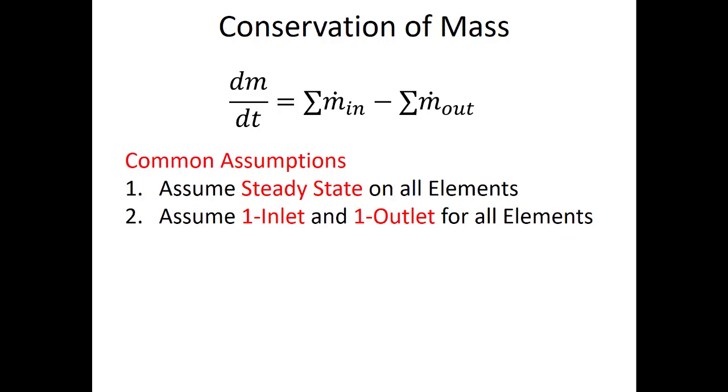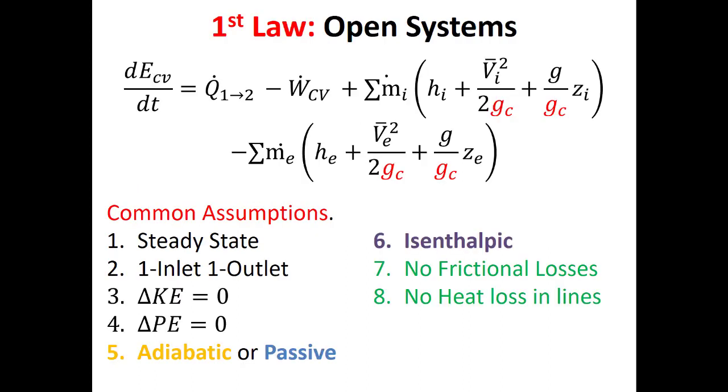Conservation of mass, hopefully this is no surprise at this point, looks like this. We'll often assume that components are at steady state or that there's one inlet and one outlet. Remember, these are common assumptions. It doesn't necessarily mean we're going to use these assumptions all the time.